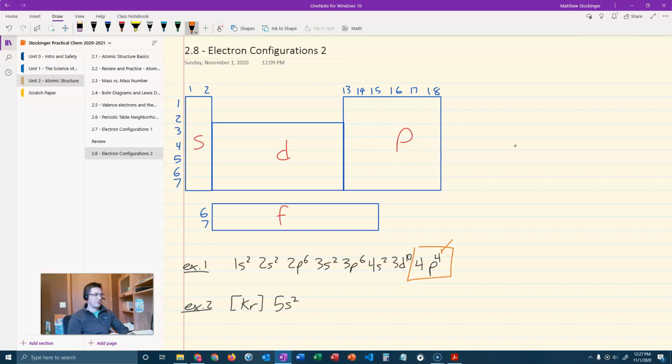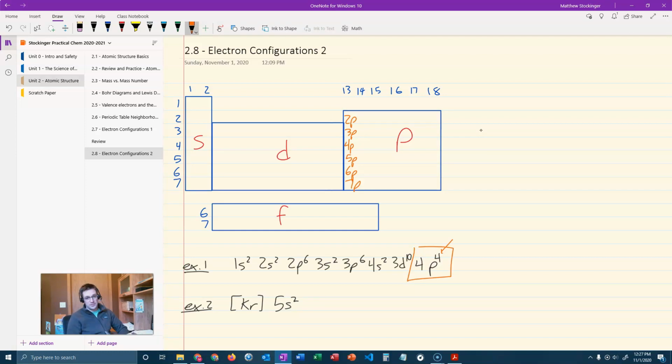Okay, so I'm going to go to the 4p region, and I'm just going to add this to our notes here. By the way, there is no 1p, so I screwed up my drawing here. There's a 2p, there's a 3p, 4p, 5p, 6p, 7p. I'm going to try to fix this square here. There we go. That's about right.